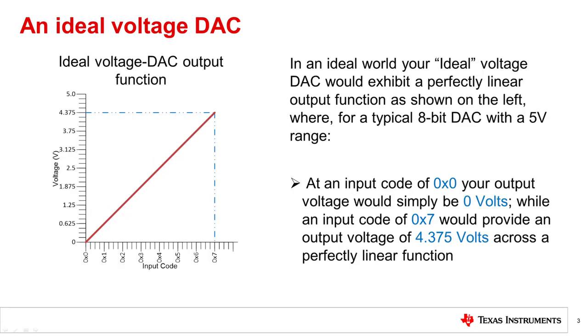In an ideal world, your ideal DAC, in this case a voltage DAC, would simply exhibit a perfectly linear output function as shown on the left, where at an input code of 0x0, your output voltage would simply be 0 volts, while an input code of, say, 0x7 would provide an output voltage, in this case, of 4.375 volts, which provides for a perfectly linear function. Next, we will define each error and its impact.